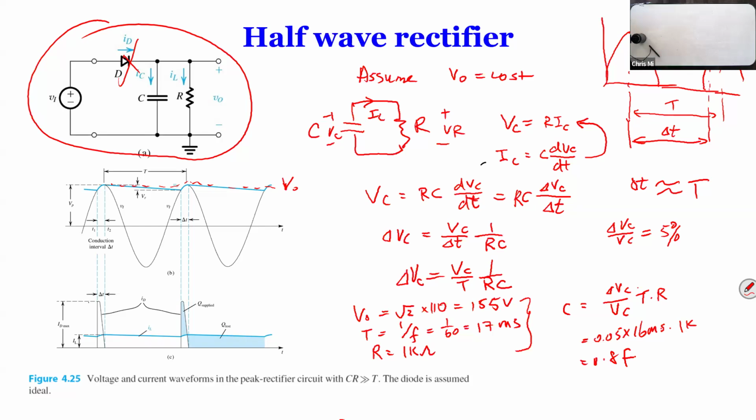So you can see that even though it is possible to design a large capacitor so that you have little voltage change, the capacitor is actually fairly big. If I wanted a straight line, delta VC to be zero, it would have to be infinite. You can simply look at this equation.